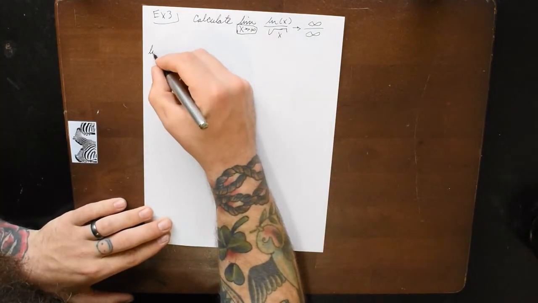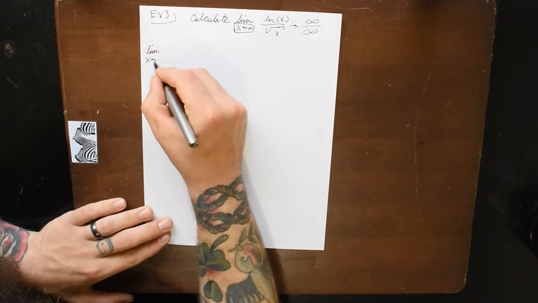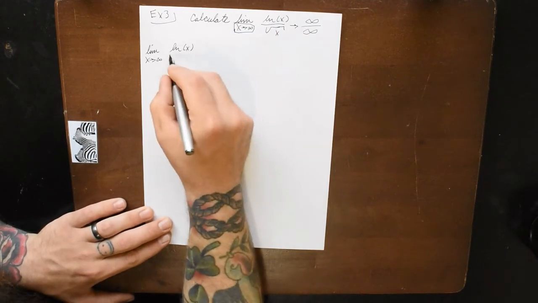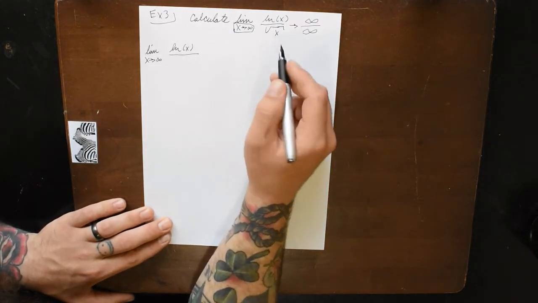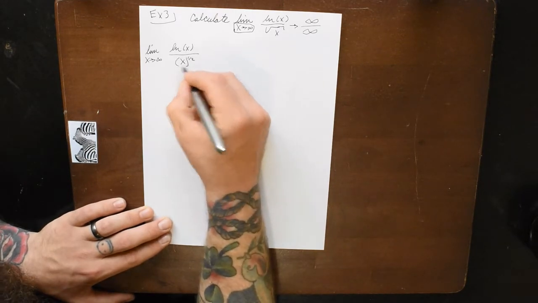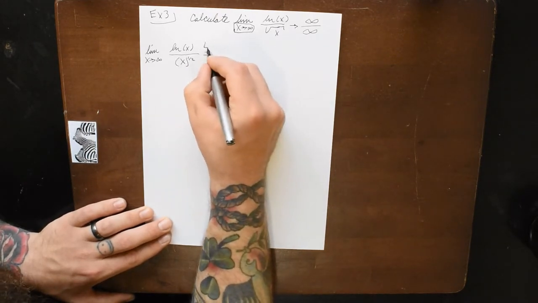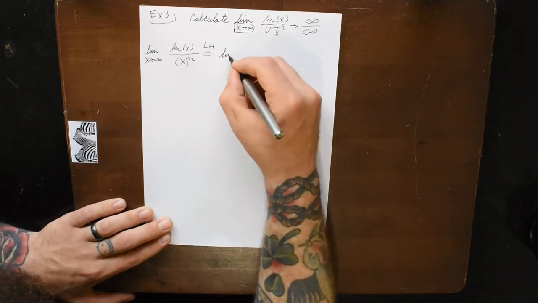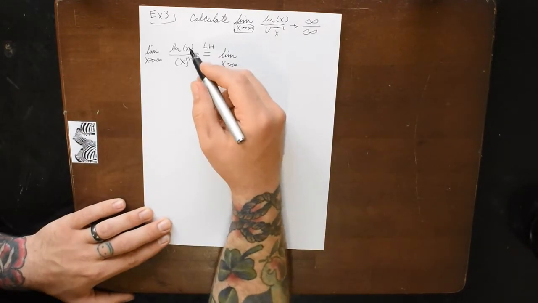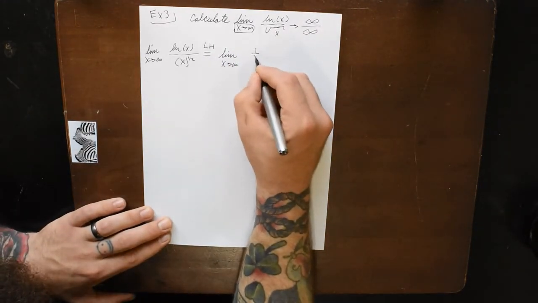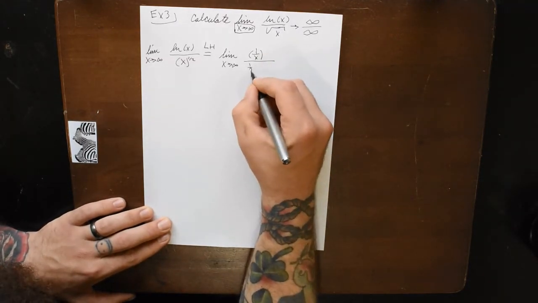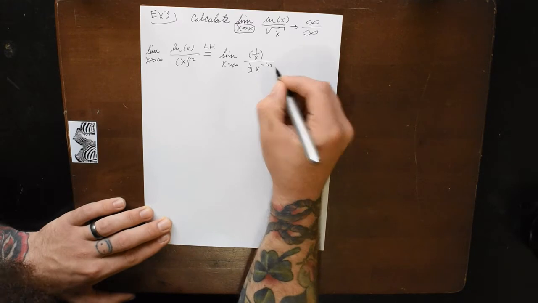So we know that the limit as x goes off to positive infinity of the natural log of x divided by, and I'm going to rewrite the square root of x as x to the 1/2, is equal to, by L'Hopital's rule, the limit as x goes off to infinity of the derivative of natural log of x, which is 1 over x, divided by the derivative of x to the 1/2, which is 1/2 of an x to the negative 1/2.